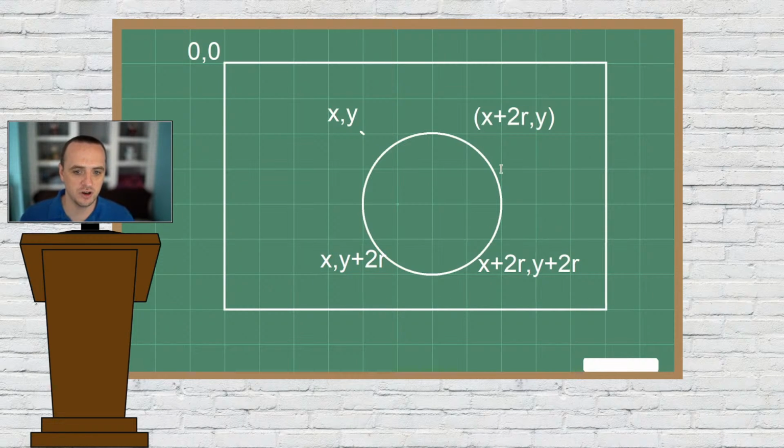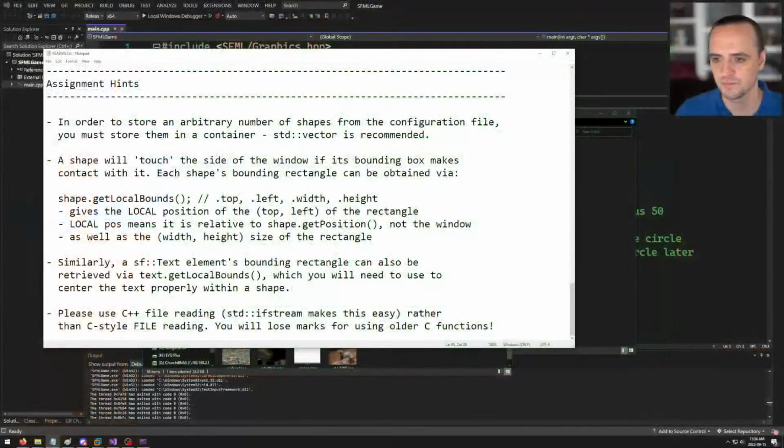So if we want to know if the right-hand side is touching over here, we would have X plus 2R greater than the width of the window. Instead of X less than 0, we have X plus 2R greater than the width of the window. There's a little bit of math here, but it's not so bad. What this said back here was that we can actually get the width and height from the getLocalBounds function on the shape.